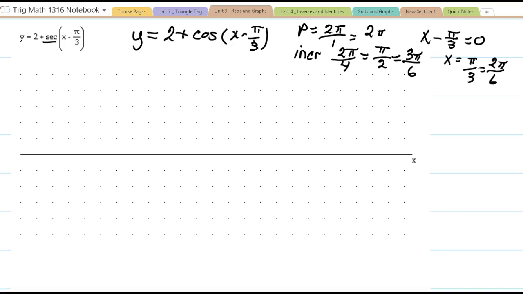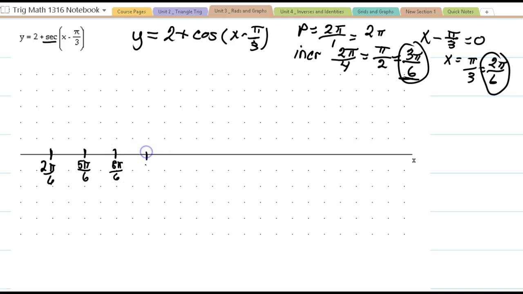So we know where to start, so I'm going to come over here and say this is 2 pi over 6. And then I'm going to add, and I'm going to find that this is going to be 5 pi over 6. Remember, we're adding our start point with our increment, and now we're just going to keep adding our increment. So this is going to be 8 pi over 6.